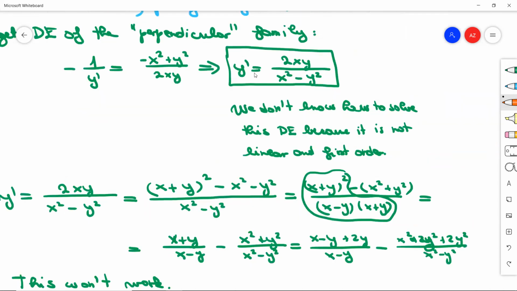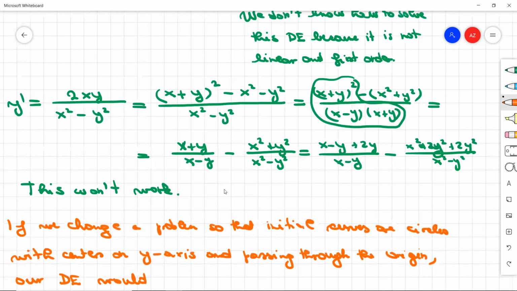So we would get y prime is x squared minus y squared over 2xy.